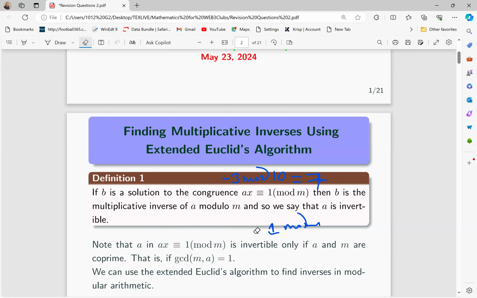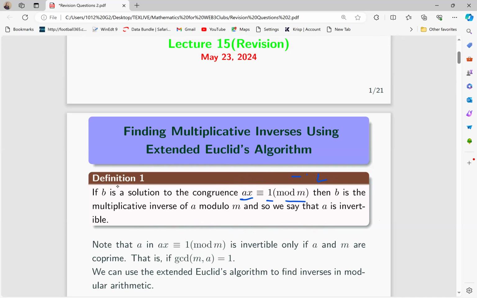So I've written my definition and said that if B is a solution to the equation AX is 1 mod M, that is, if this X is B such that A times B gives me 1 mod M, then B is the multiplicative inverse of A. That is what this definition means.